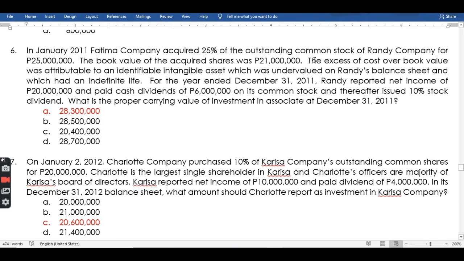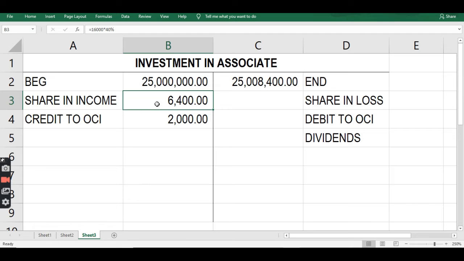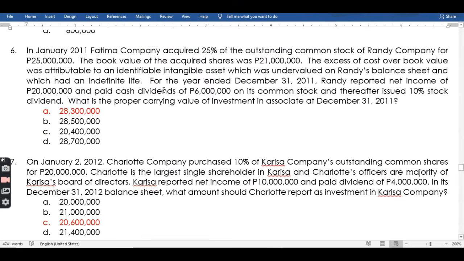Okay? Pagkatapos, anong next na nangyari? Nag-report daw ng income na 20 million. Sa atin yung 25%. So, ang gagawin natin doon, yung share in income natin, that's going to be 20 million multiplied by 25%. So, atin yung 5 million doon. Pagkatapos, nagbayad ng dividend na 6 million, atin yung 25% doon.